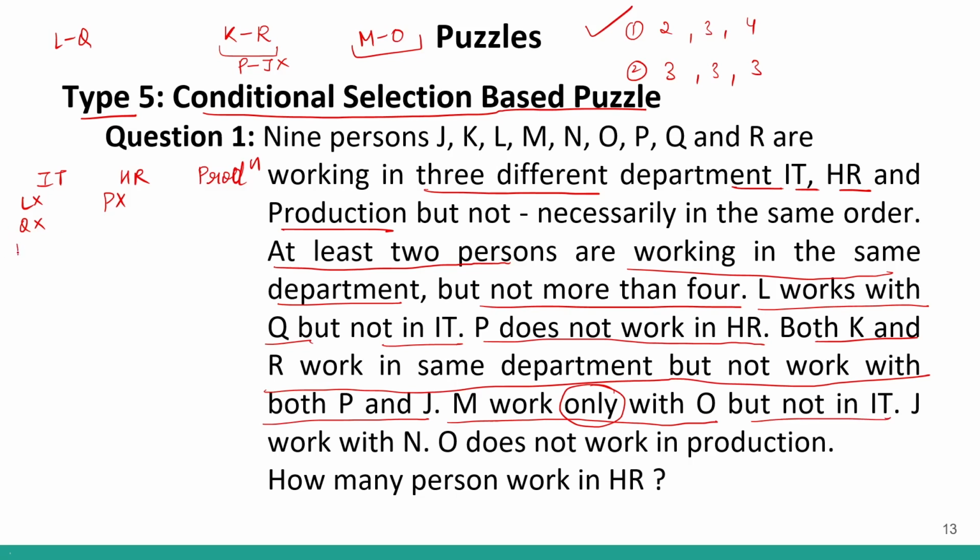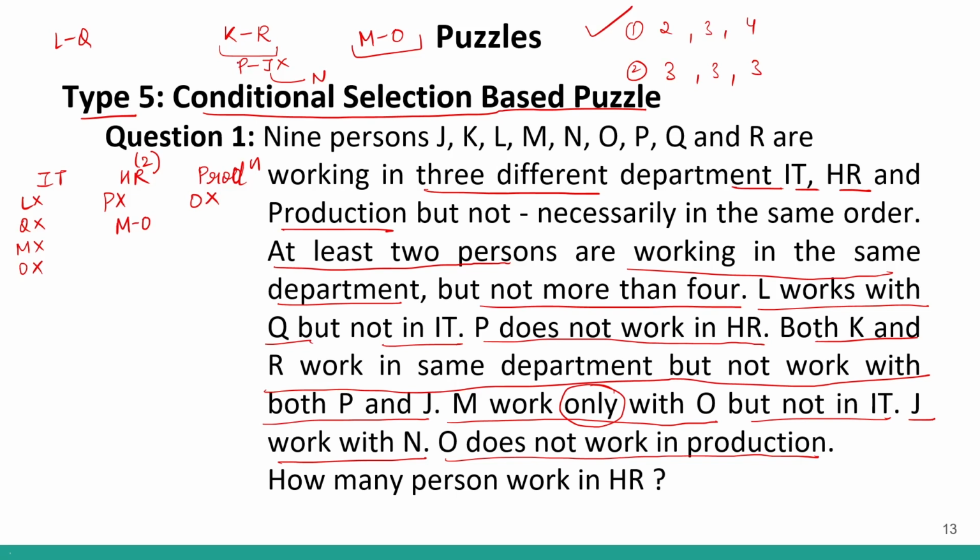So IT cannot have M, IT cannot have O. J works with N. And O does not work in production. So O cannot come in production, O cannot come in IT. So O can come in HR. So MO will come here. That means HR will have 2 people. Now we have to see between IT and production.